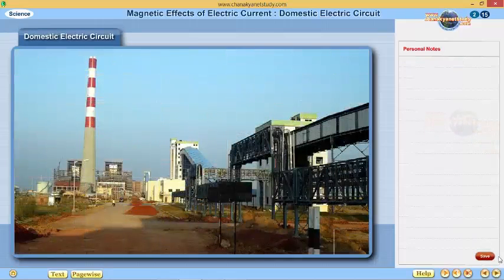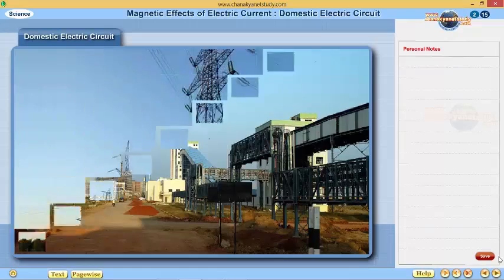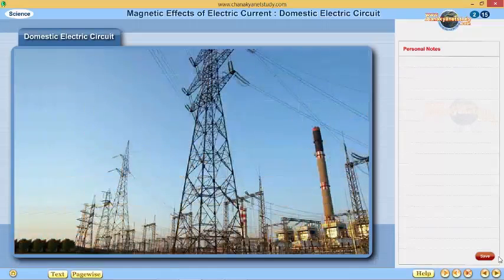Electric power is supplied through underground cables or overhead wires on poles.